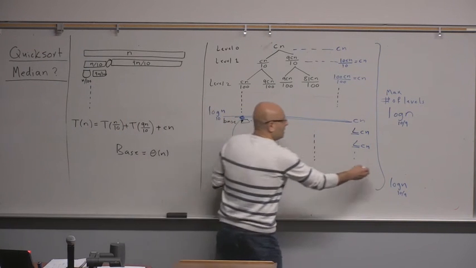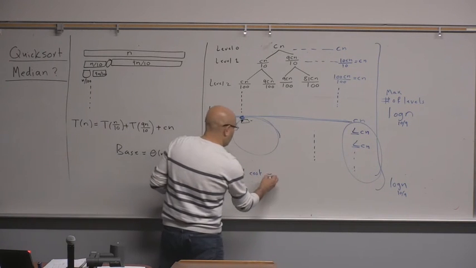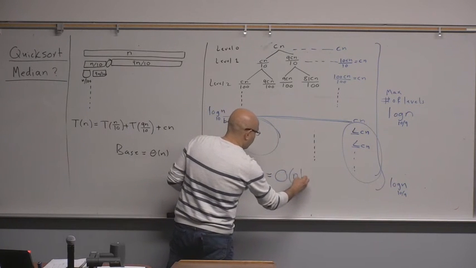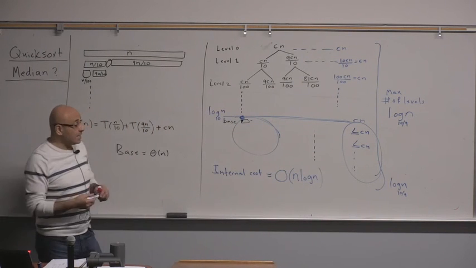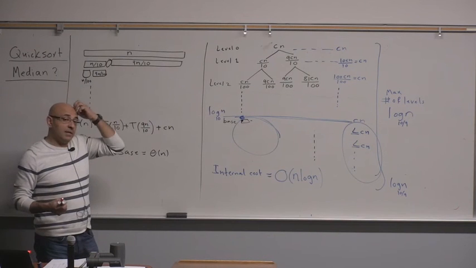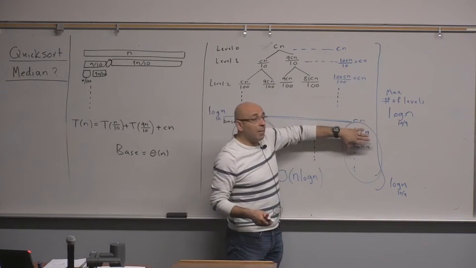So because we are bounding this, we can only say that the internal cost is going to be O of n log n. We can't say theta here. Based on this analysis, we cannot use theta. We can only use big O because we are computing an upper bound.